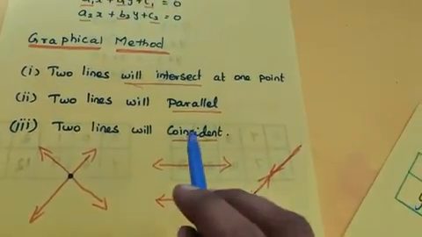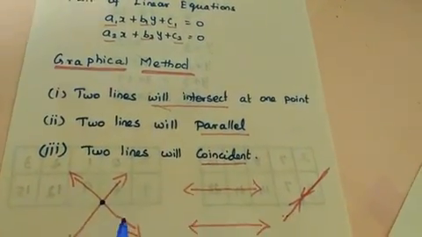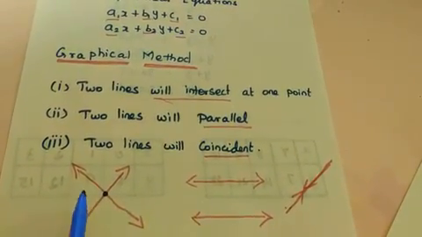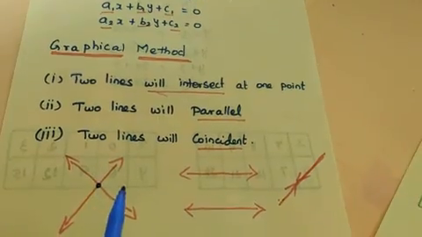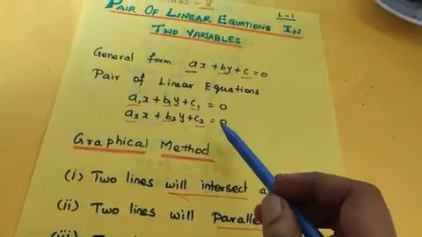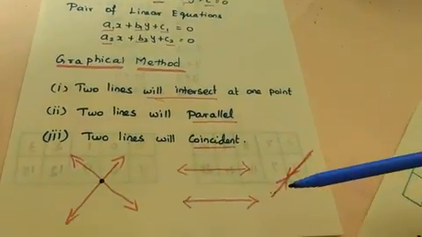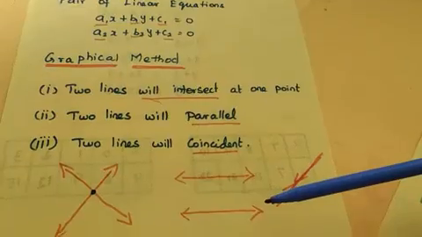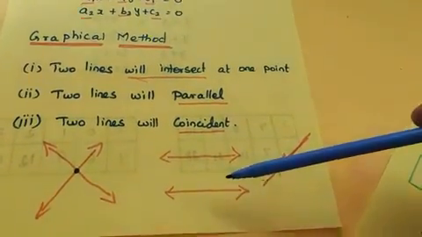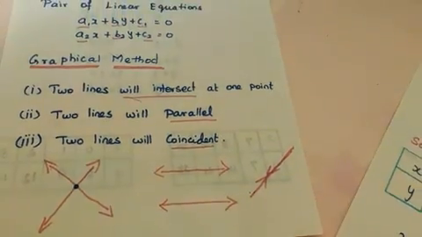So from the graphical method what we conclude is, if the lines intersect at one common point, then the equations have only one solution. The same way, if the lines are parallel, then the equations have no solution, and if they are coincident, they have infinitely many solutions.